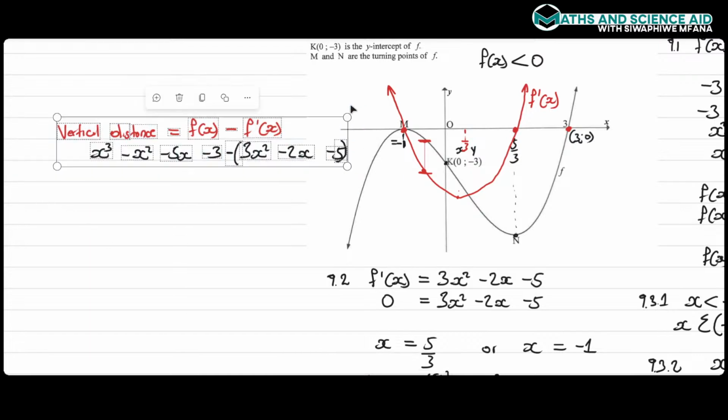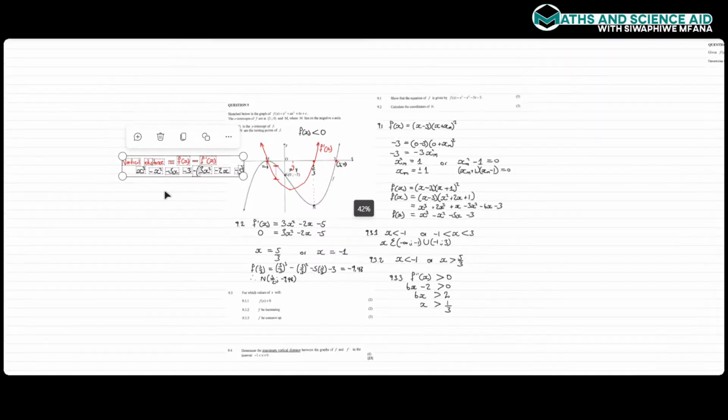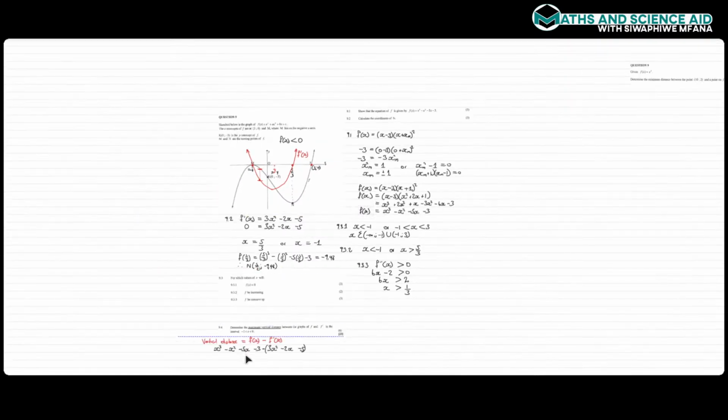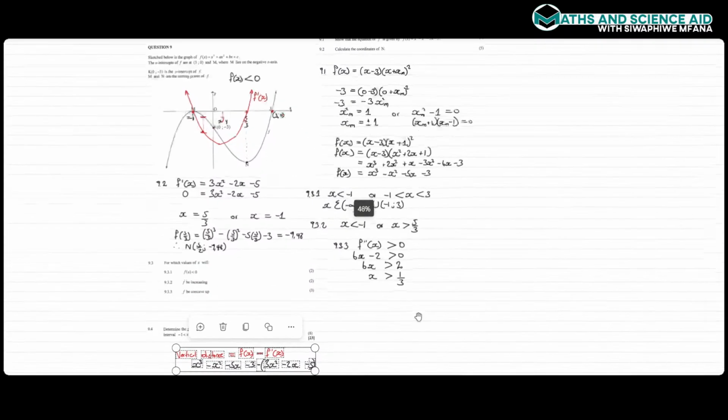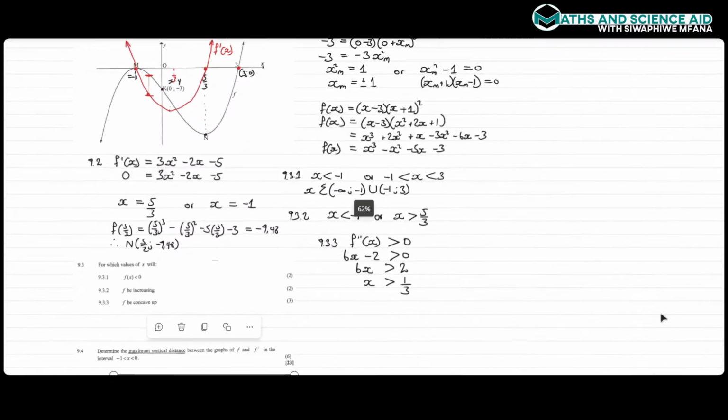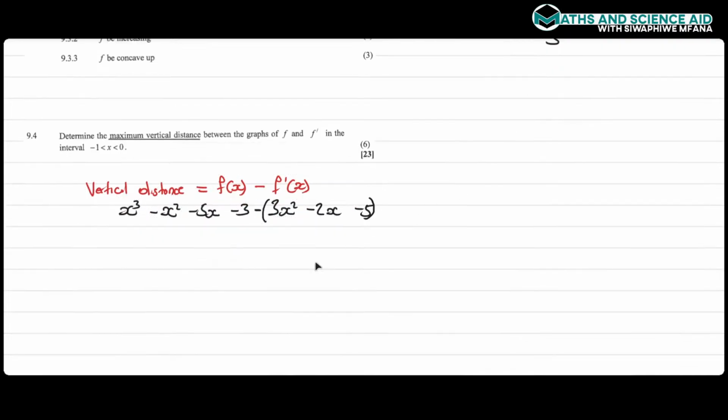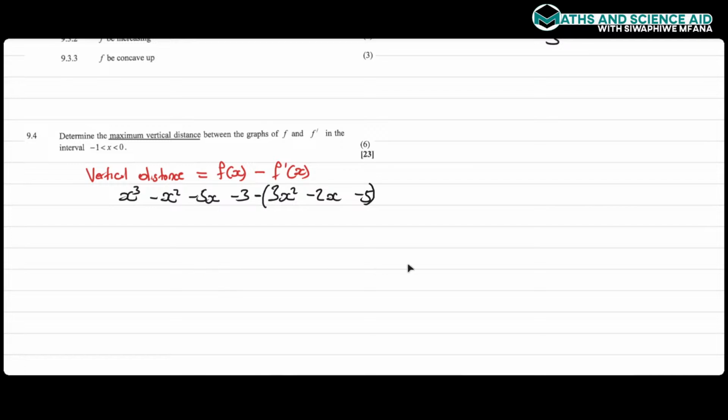So, okay, I'm gonna fix this now. Let me just quickly move it down here. Okay. So yeah, basically, this is the equation that you'll have to construct, right?